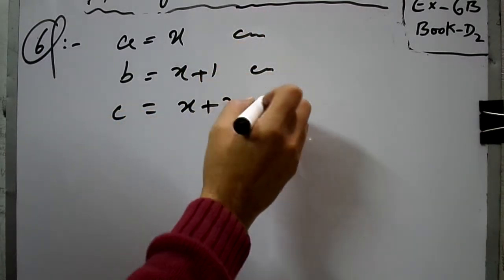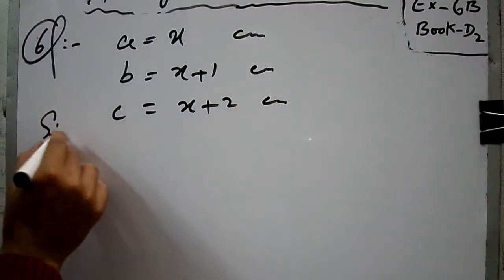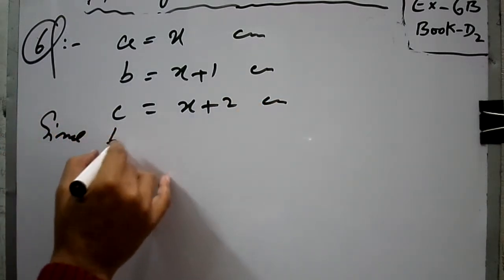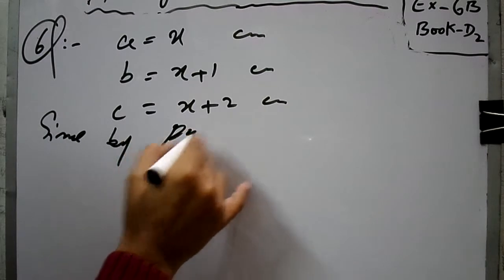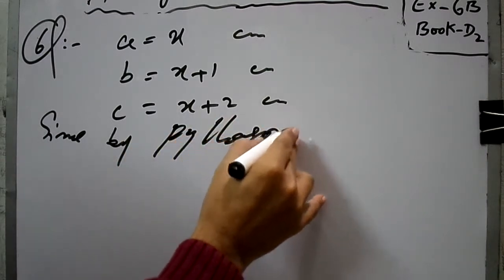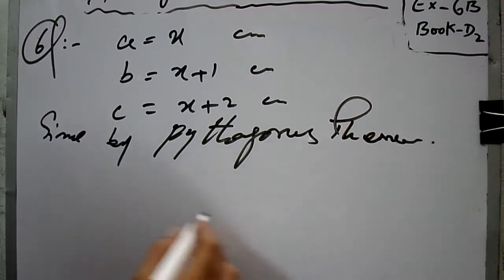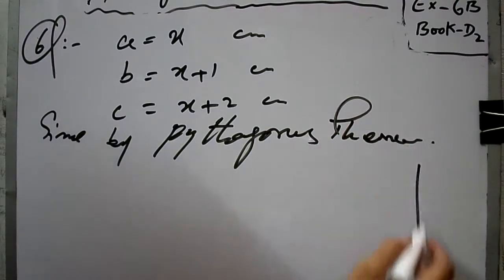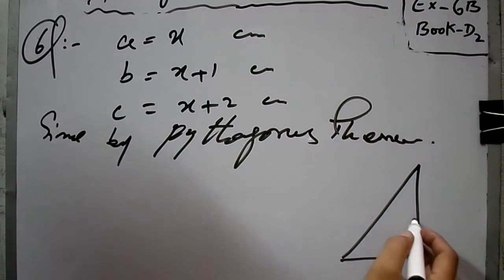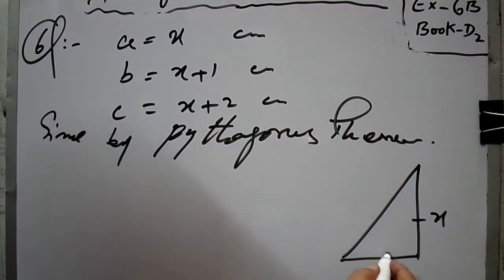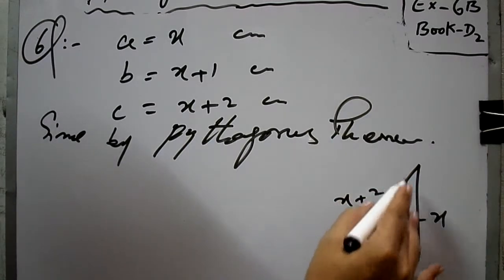So by Pythagoras theorem, you can see here: x is first of all the altitude, then the base is x plus 1, then the hypotenuse is x plus 2.